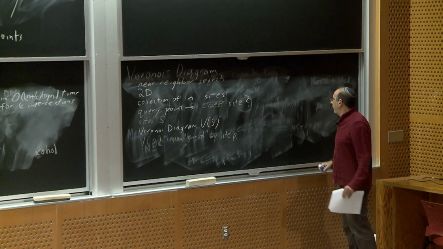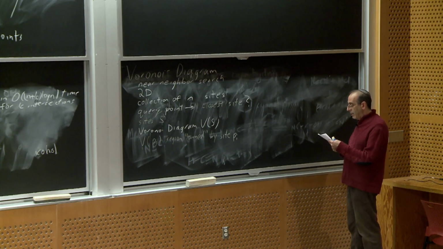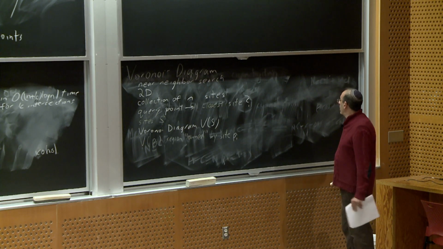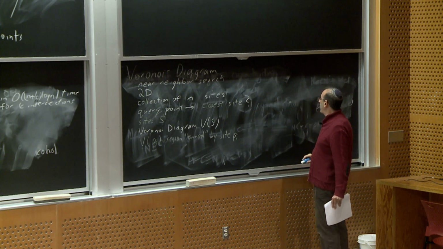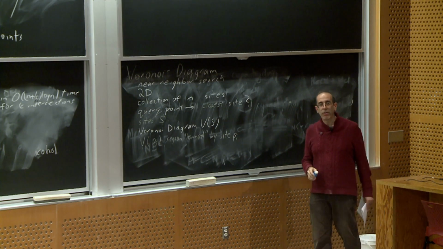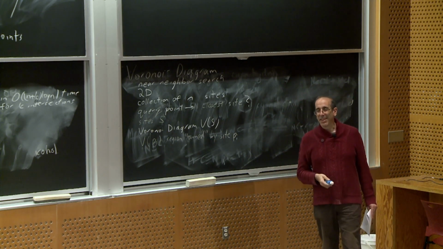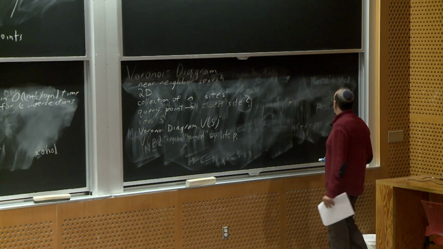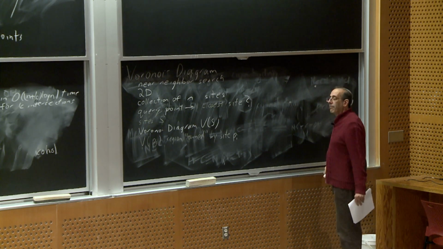Okay? And so let's start trying to understand what these regions are. Let's take this one site at a time. If I only have one site, what is the Voronoi region for the site? Well, it's the entire plane because it's the only option. So it's the closest one to everything. But suppose that I have two sites.